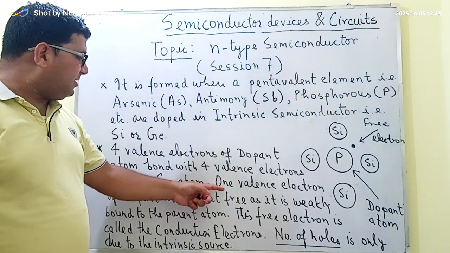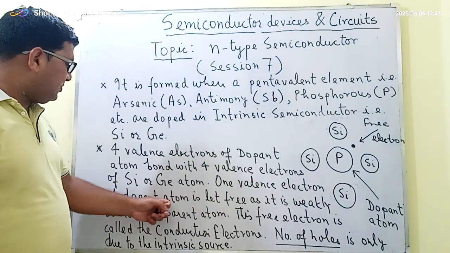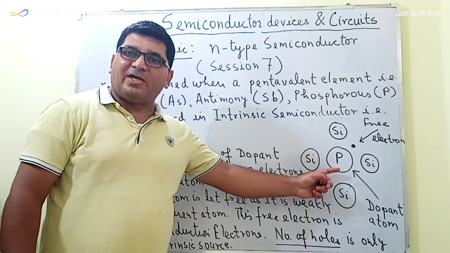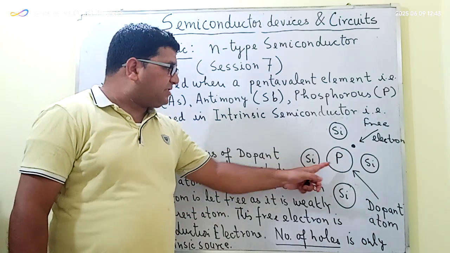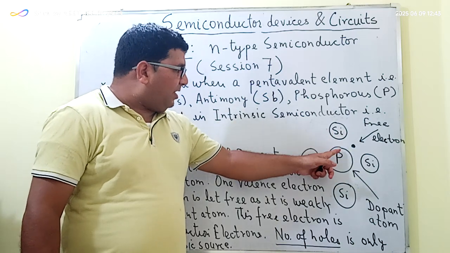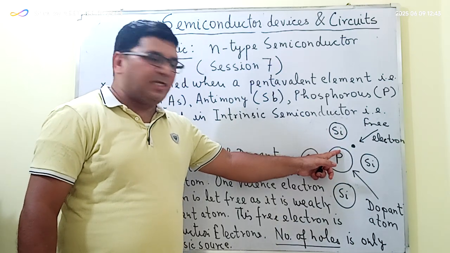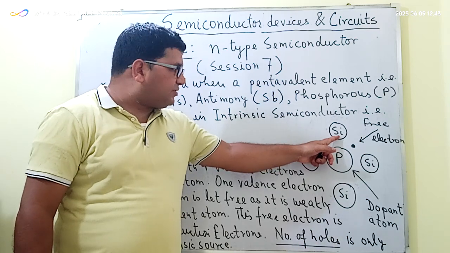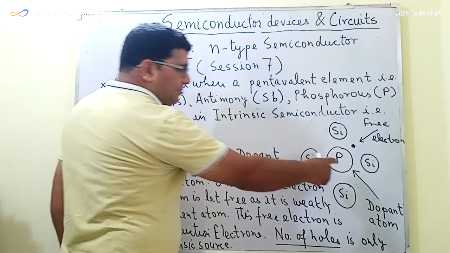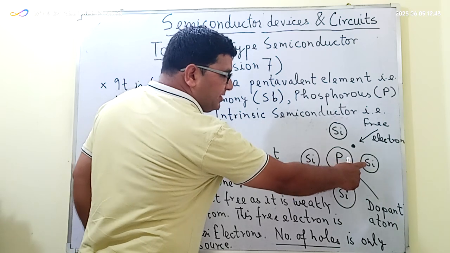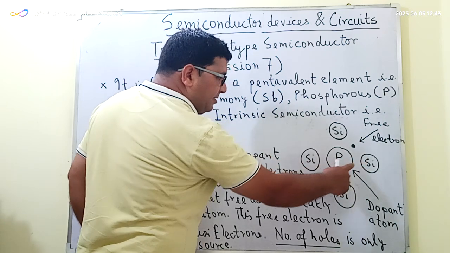So what happens is that one valence electron of the dopant atom is let free, because it has got 5 valence electrons.